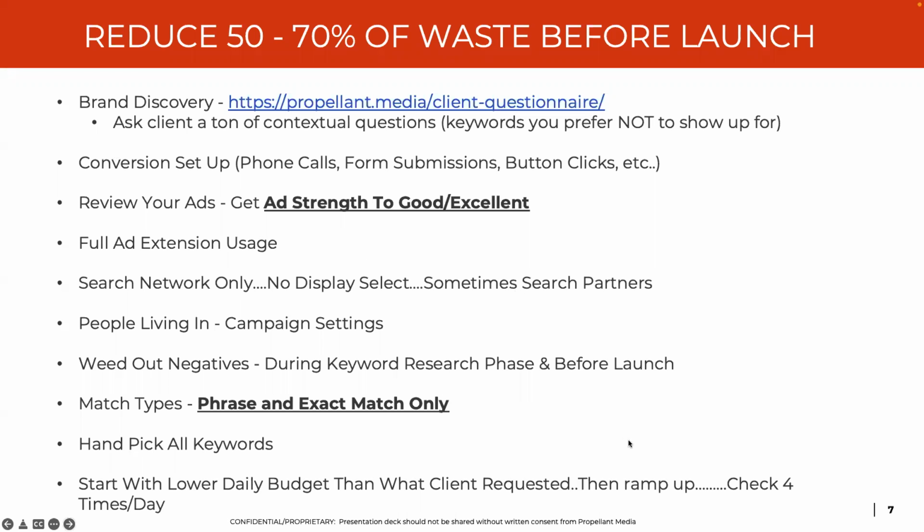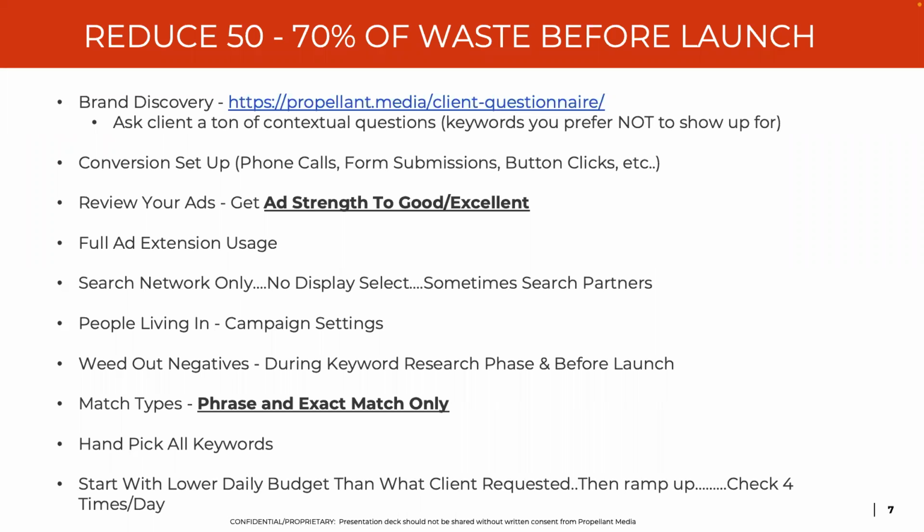Next, full ad extensions. I'll have an example in a couple of slides, but it's essentially an extension of your typical Google search ad. You may see traditional text, but then you also might see a phone number at the top of an ad. If you have a second screen, you might go to google.com and do a search for HVAC near me.